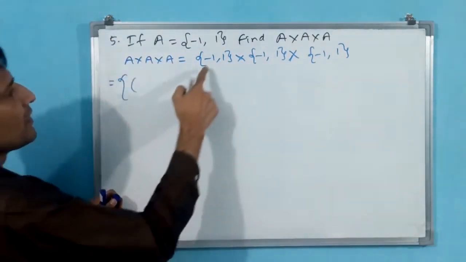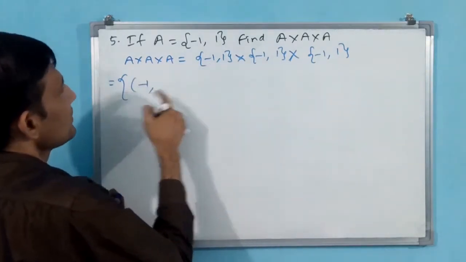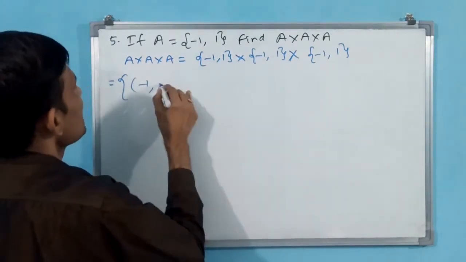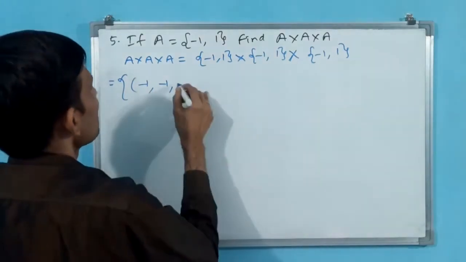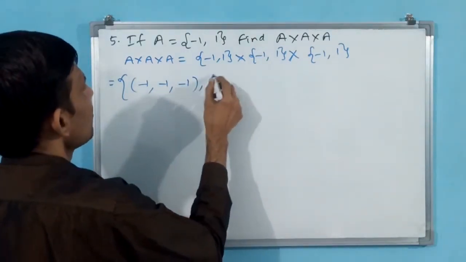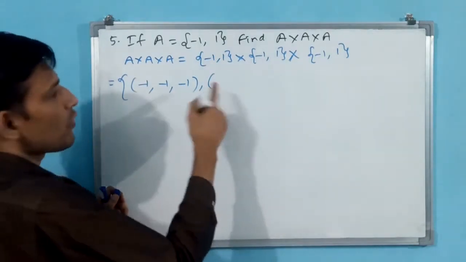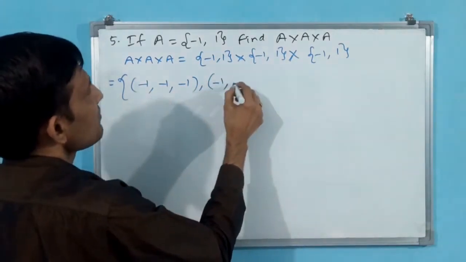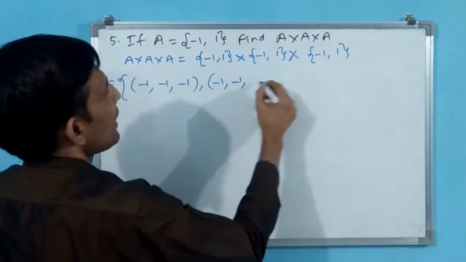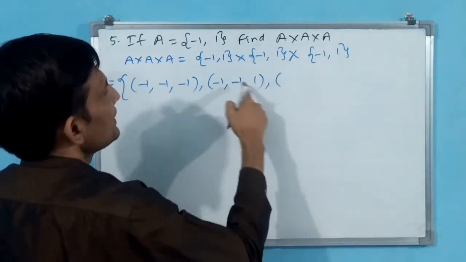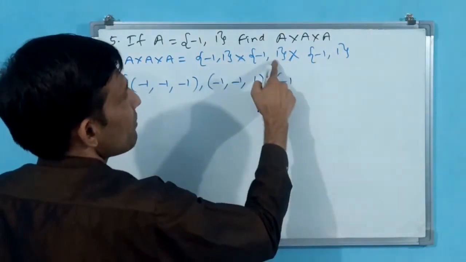First I am taking minus 1, minus 1, then minus 1. Okay, close. All these commas, inside and outside also, you have to make.